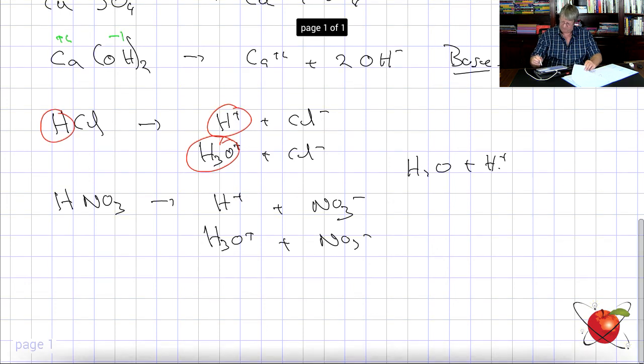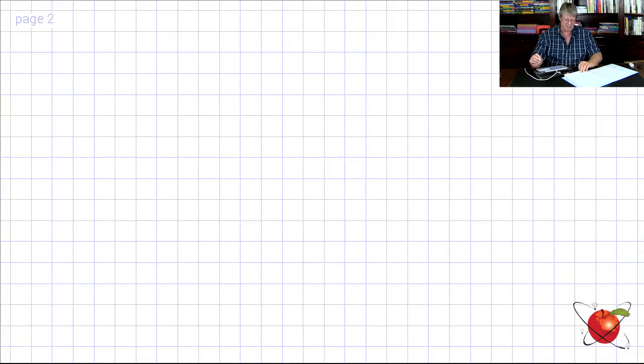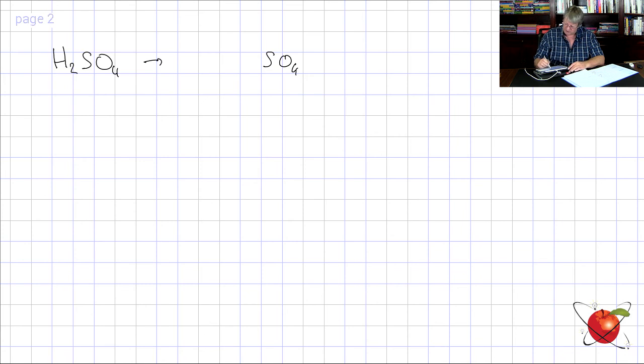And the next one is sulfuric. What does sulfuric acid look like? H2SO4, correct? What do we do with that? It's going to go, but now remember, it splits. So yes, there's an SO4. Let's go back here and look. This is a -2. That was a +1.